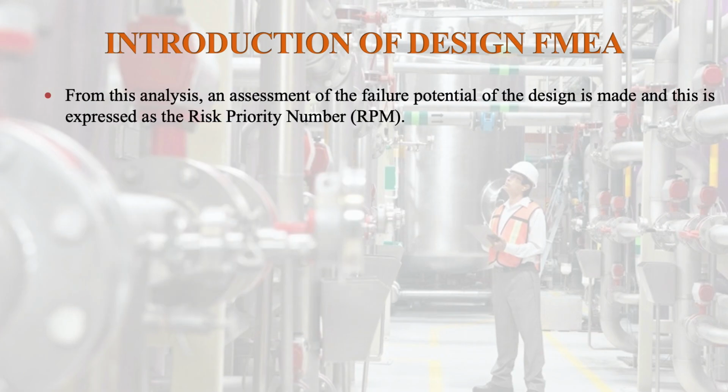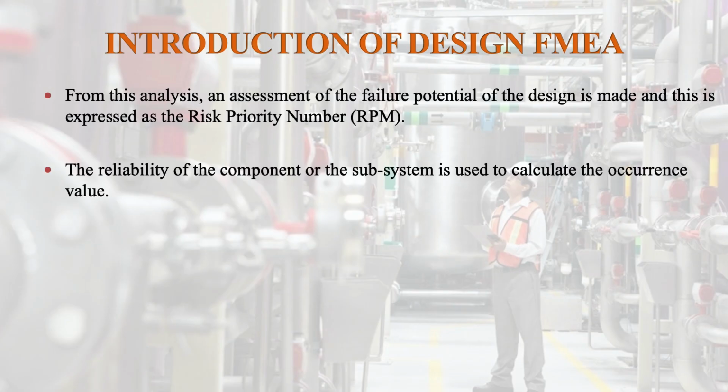From this analysis, an assessment of failure potential of the design is made, and this is expressed as the risk priority number. The reliability of the component or the subsystem is used to calculate the occurrence value. To measure anything, we should have some number.